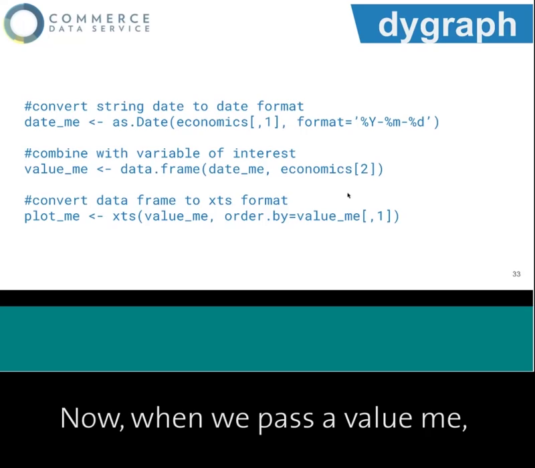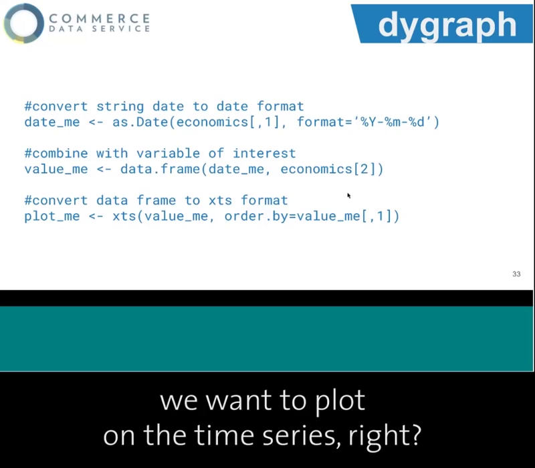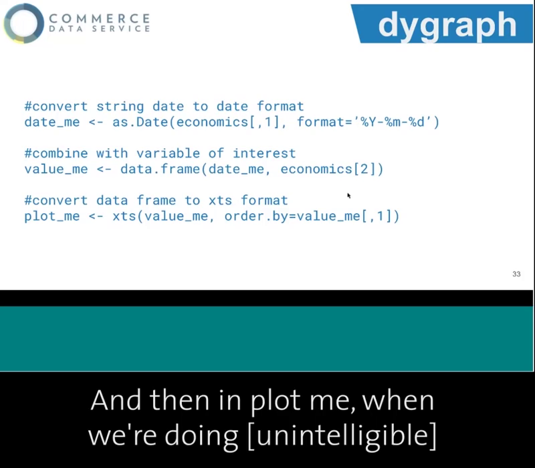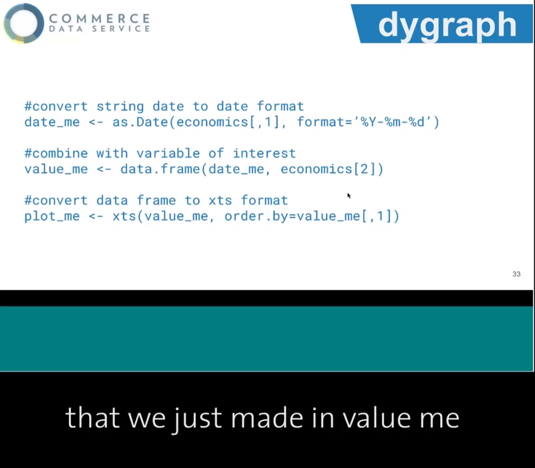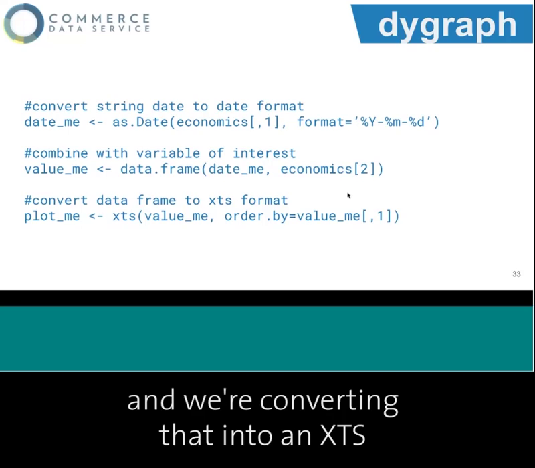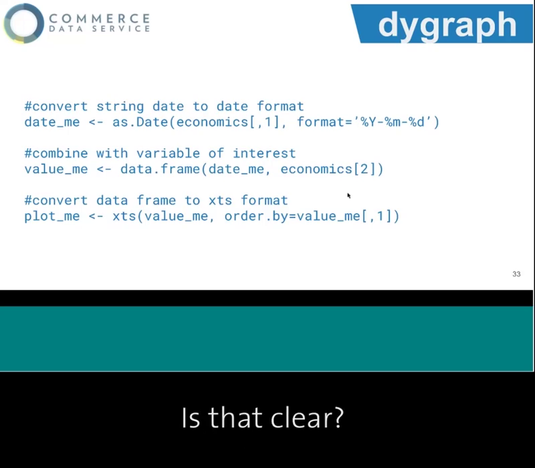Now, when we pass a value me, we're adding to that new date variable the values we want to plot on the time series, right? And then in plot me, we're saying we have that value date pair that we just made in value me, and we're converting that into an XTS format object to pass to dygraph. Is that clear?